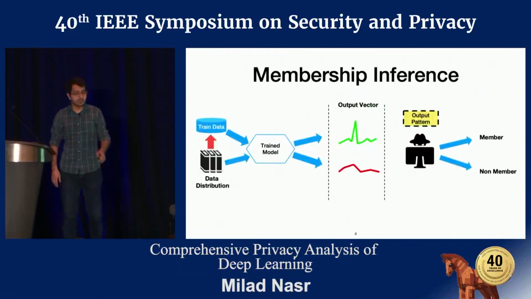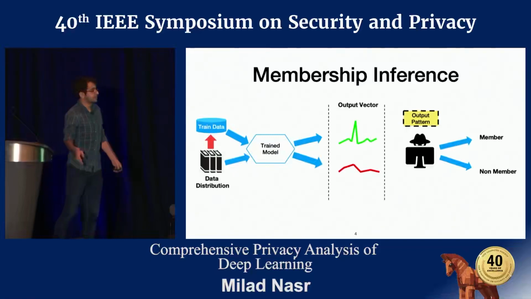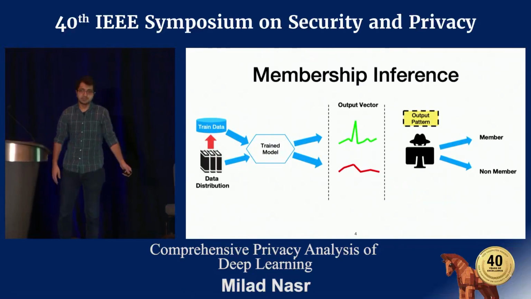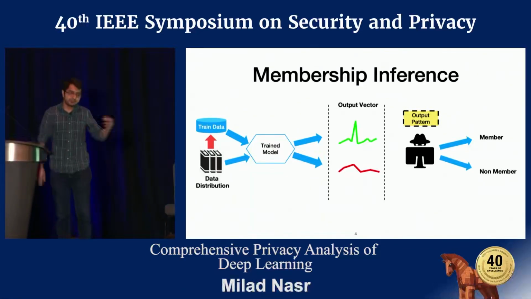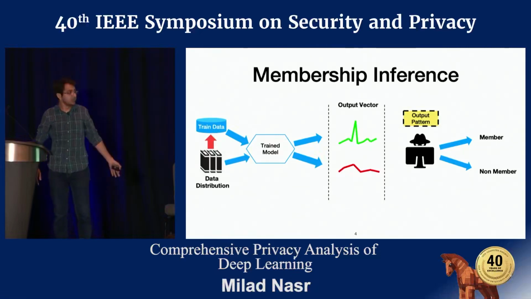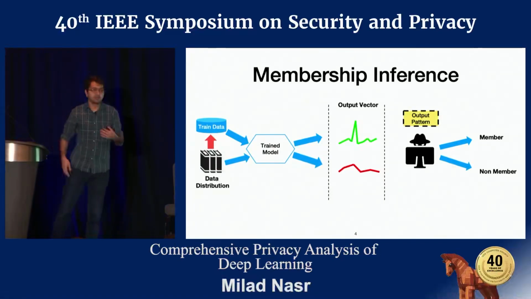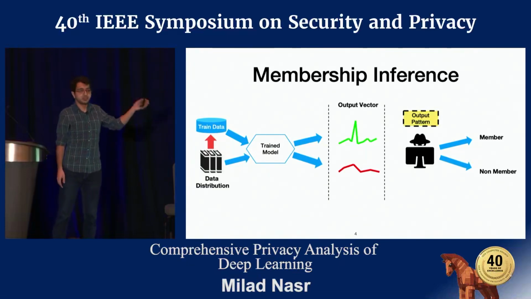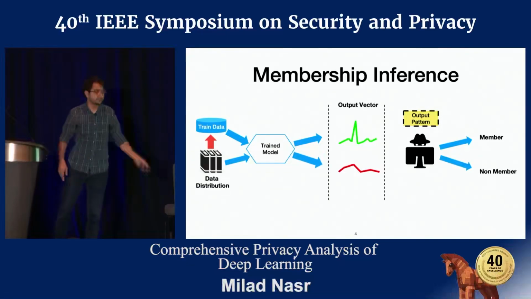You are familiar with membership inference attacks from previous talks. To train a deep learning model, we first have a data distribution. We pick some samples from that distribution, which we call training data, and we train our model. The main observation that allows membership inference attacks is that deep learning models behave differently on samples of the training data compared to samples of the general data distribution.